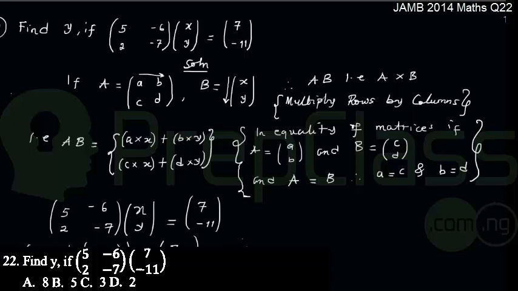So remember the concept of equality of matrices. From this basic concept, we could therefore say that the element in the first row, first column, will be equal to the element in the first row, first column of the matrix on the other side of the equation. So therefore, I would have 5x plus times minus will give me minus 6y will be equals to 7. And I would have 2x plus times minus, that will be minus 7y is all equal to minus 11.